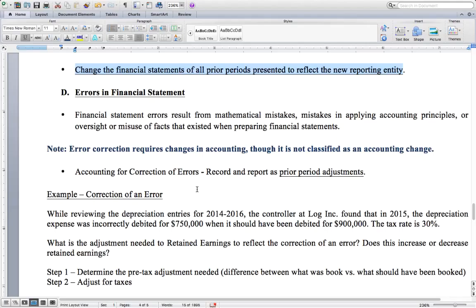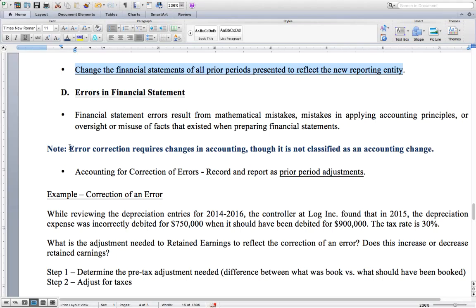Next, we're going to focus on errors in the financial statement. As we mentioned previously, there is a difference between a correction of an error and a change in accounting principle. An error in the financial statement is something that results from mathematical mistakes, mistakes in applying accounting principles, or oversight or misuse of facts that existed when preparing the financial statements.